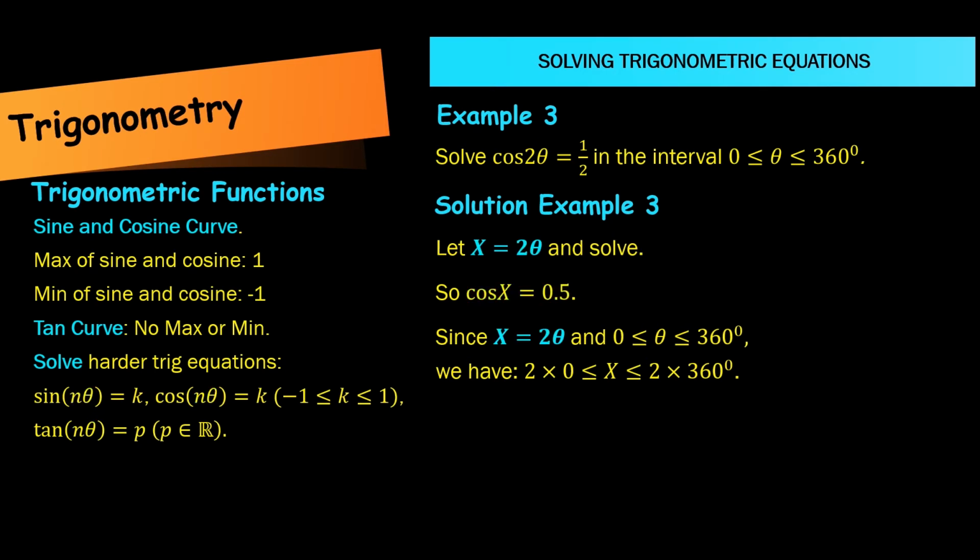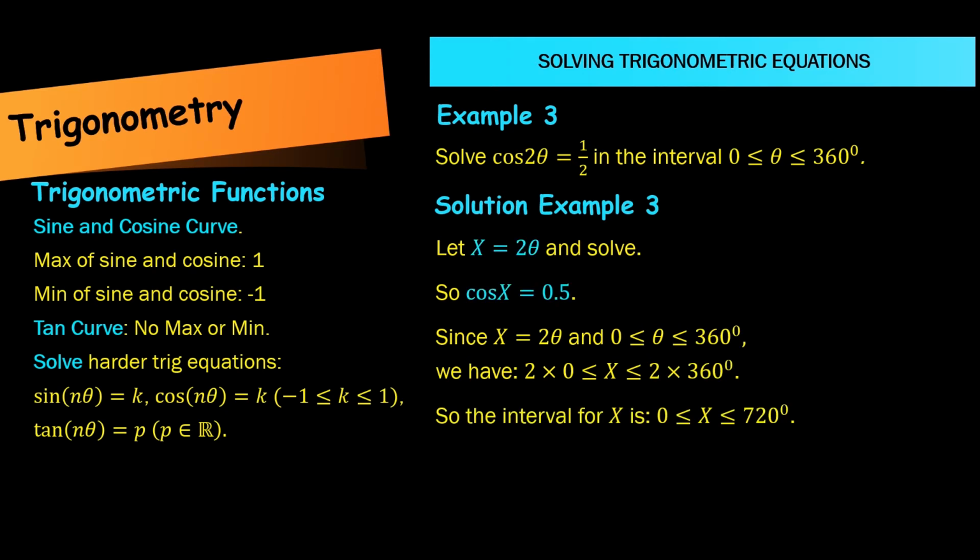Since x is equal to 2 theta and theta is between 0 and 360 degrees, we have that x is between 2 times 0 and 2 times 360 degrees. So the interval for x is from 0 to 720 degrees.